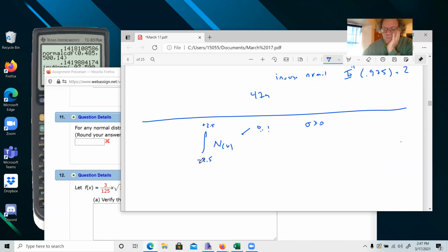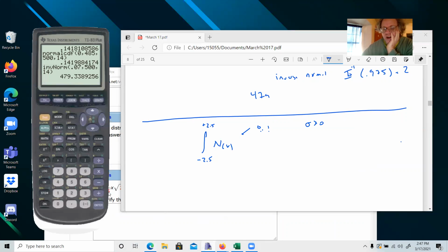Standard deviations always have to be positive, by the way, so don't pick one that's hard to work with. So all we're going to do is use a standard normal. We're going to say normal distribution between negative 2.5 and positive 2.5 and call it a day. So we go back to distributions, second function, distribution, normalcdf, enter, and we want negative 2.5 for my low part, positive 2.5 for my high part, 0 and 1.